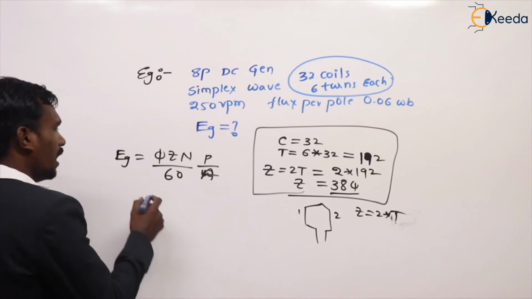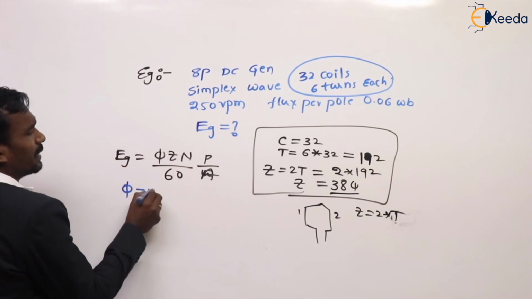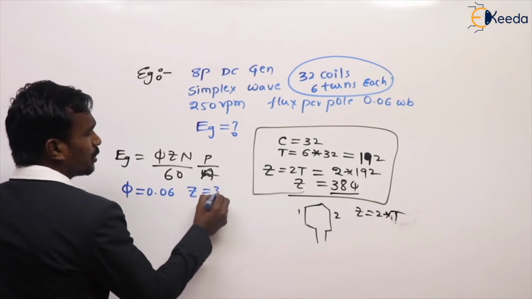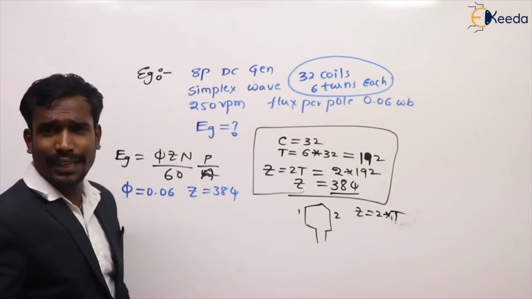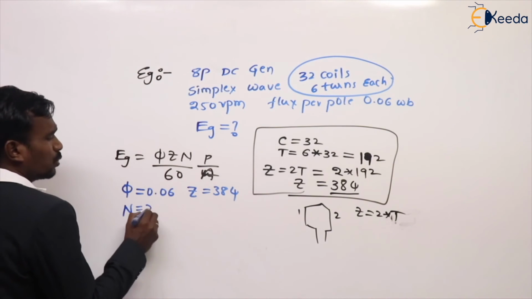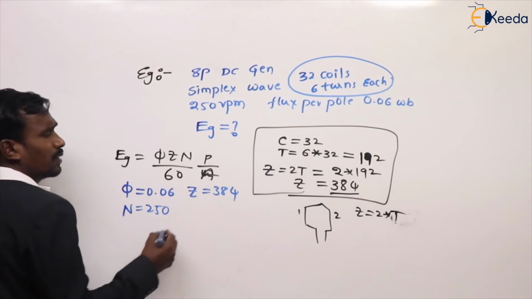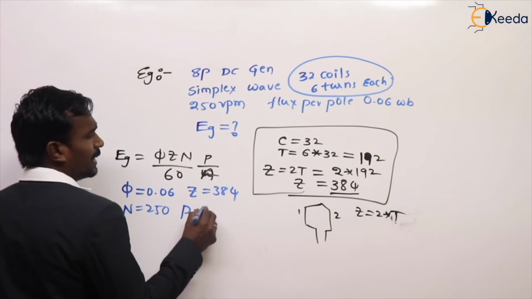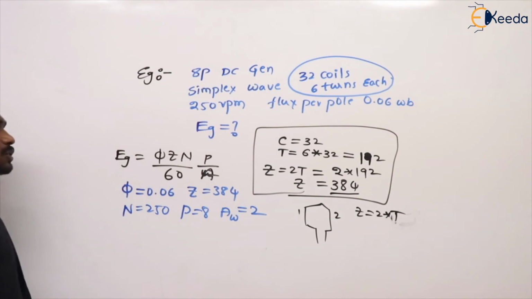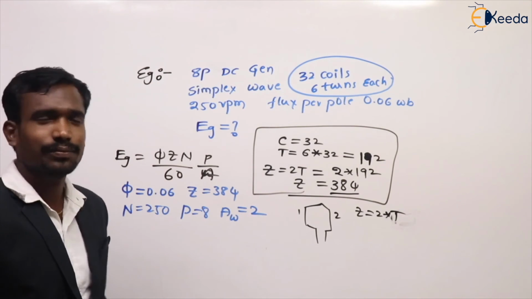So here, the flux per pole they gave is 0.06. The number of conductors they gave indirectly is 384. The speed is 250 rpm. The number of poles is 8. The number of parallel paths of wave winding is 2. Then substitute all the values and you can get the answer.